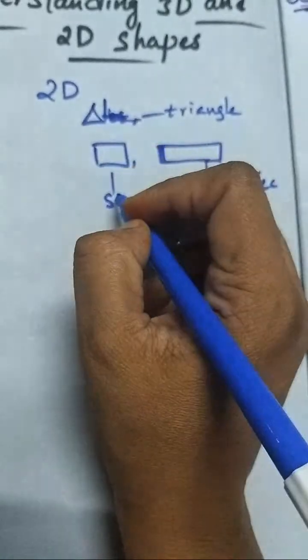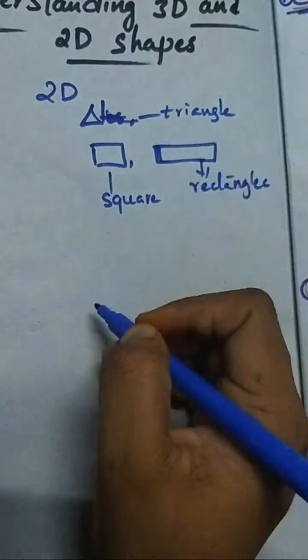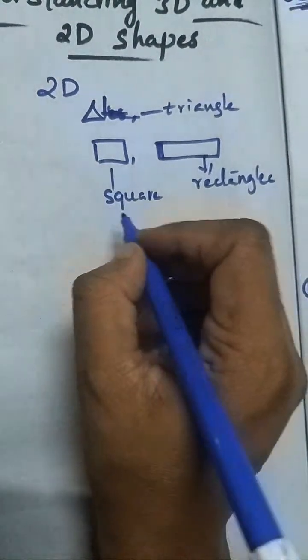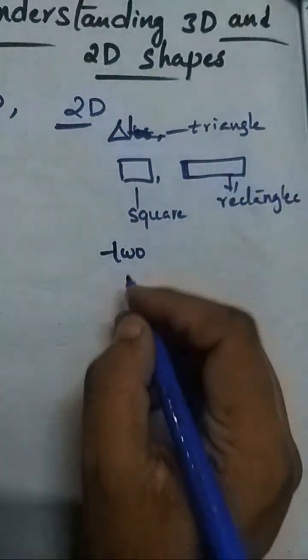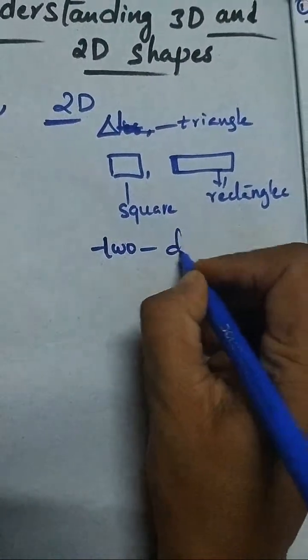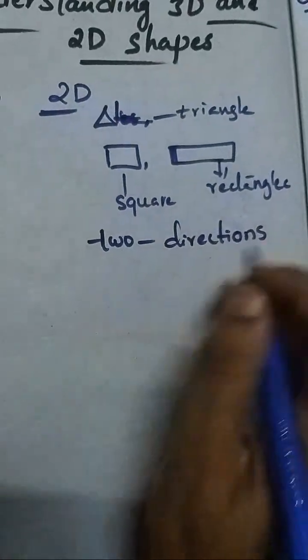Why are these all 2D shapes? Because these triangle, square, rectangle are spread in two directions only. So we call these shapes two dimensional shapes. Two directions, these spread in two directions only.